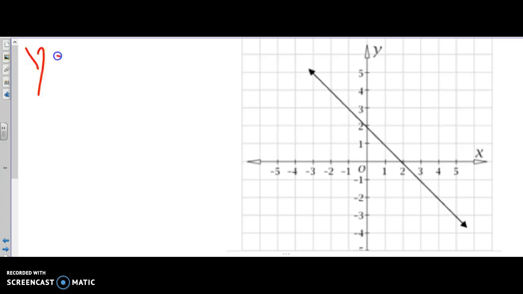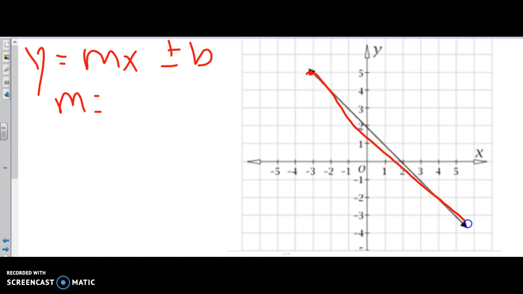Okay, I know the equation is y equals mx plus or minus b. To find my m, if I start from the left of this and I go to the right, I'm going down. So I know my slope is negative. Okay, and if I put 2 points on there, let's put one right here and here.